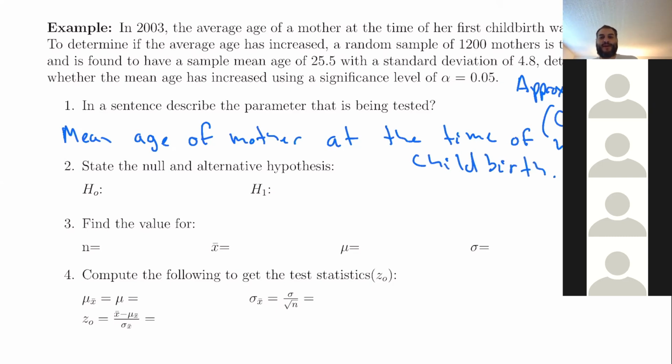That's the parameter that we're trying to figure out. We're trying to figure out the mean age of a mother at the time of her first childbirth.